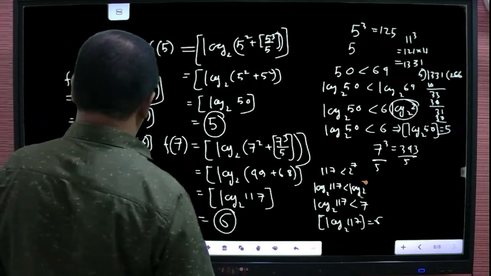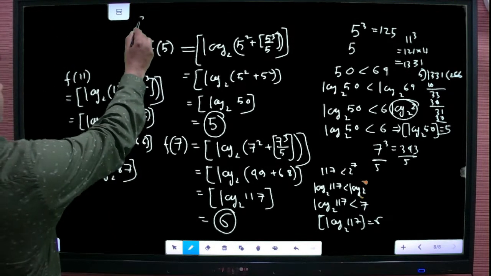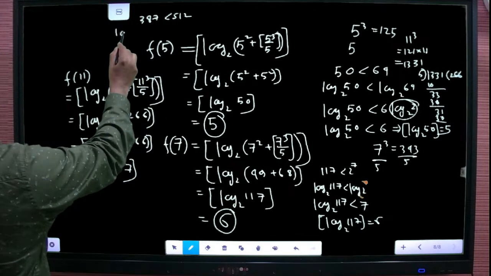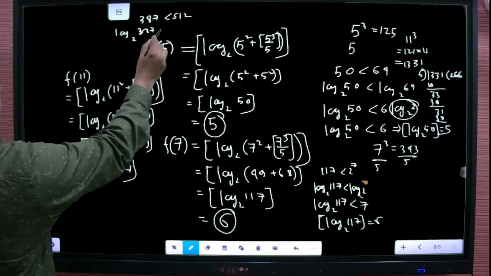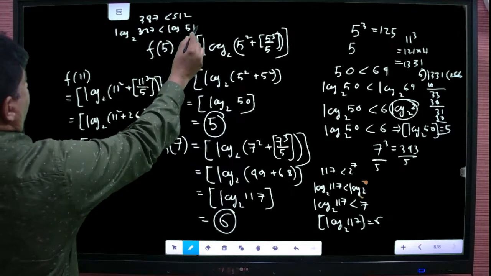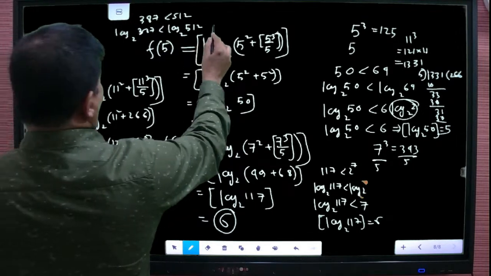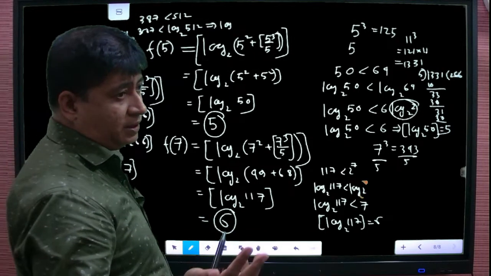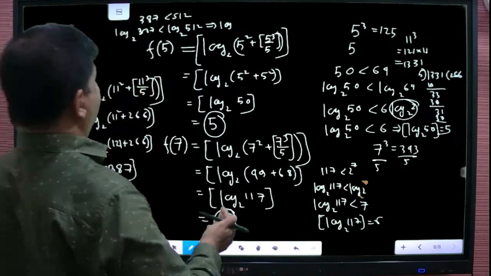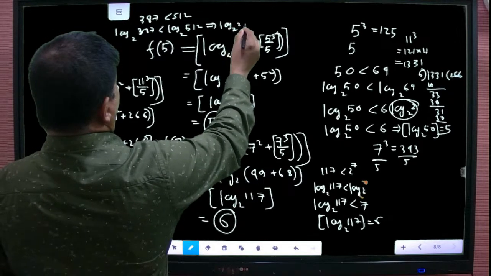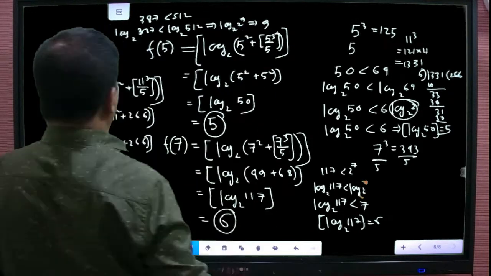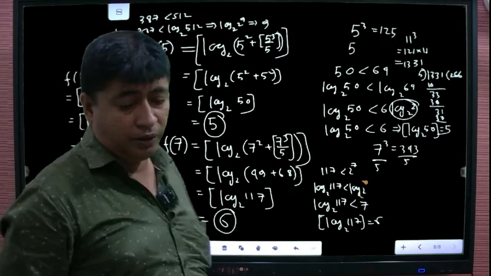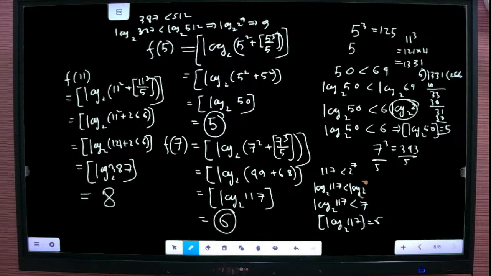So you proceed in this way. 387 is less than 512, so log of 387 to the base 2 is less than log of 512 to the base 2, which is 9. So less than 9 means it will be 8.